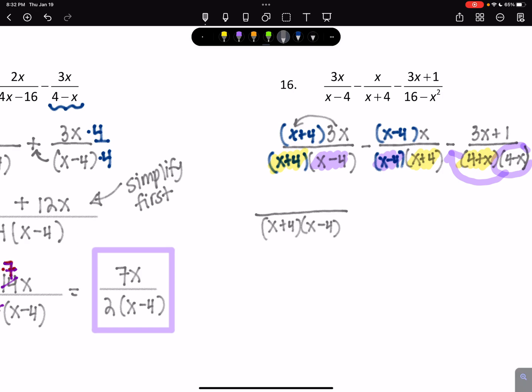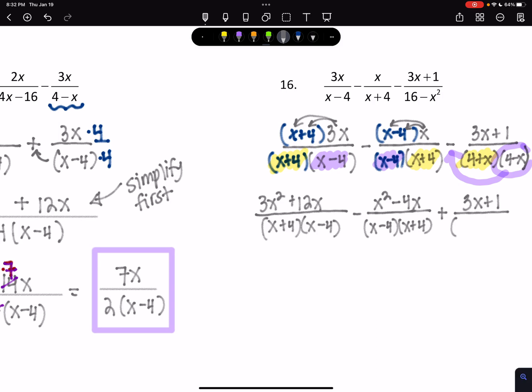I'm going to distribute the numerator. That's going to be 3x squared plus 12x minus the second fraction, x minus 4 times x plus 4. I'm going to distribute and get x squared minus 4x. And then I'm going to have a plus 3x plus 1 in the numerator. I'm going to have x plus 4.